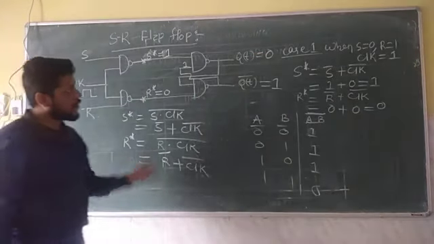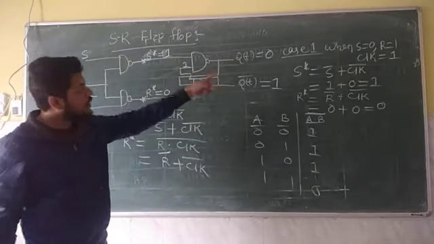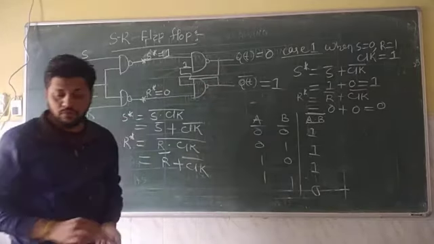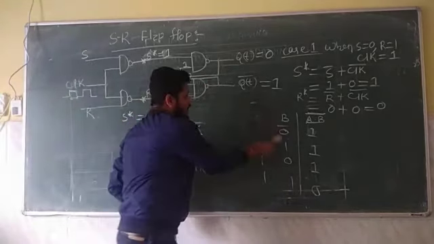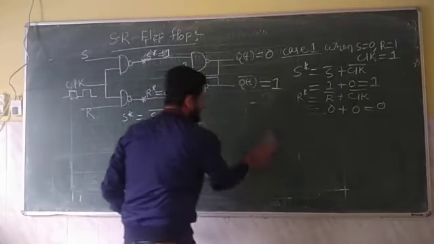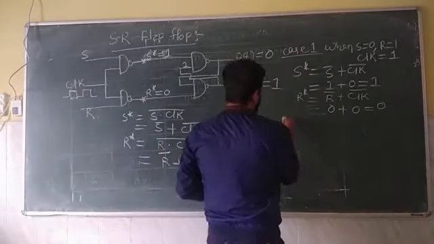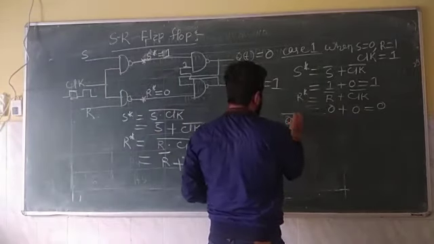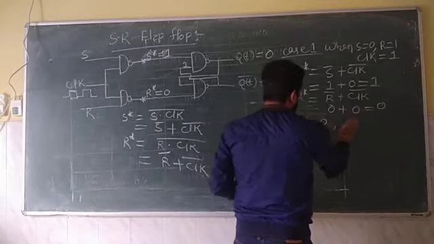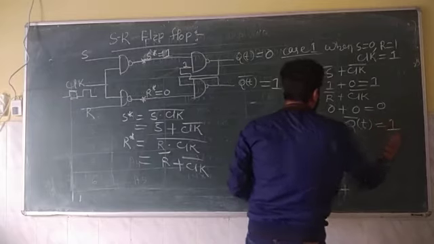So what we will conclude from this: when S is equal to 0 and R is equal to 1, what will be the response of the output? Qt is equal to 0 and Q bar t is equal to 1. Now I am going to write that. I hope you understand this. Hence we find Qt is equal to 0 and Q bar t is equal to 1.